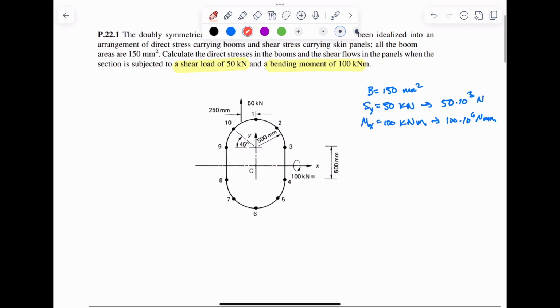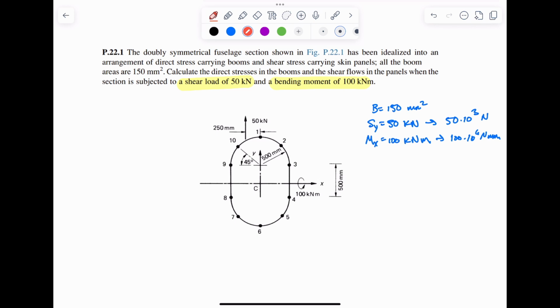We also know that due to the geometry being symmetric, boom 1 is the same distance from the centroid, or the center axis, which is the x-axis in this case, as boom 6. So we can say that y1 is equal to negative y6 because it's below the x-axis.